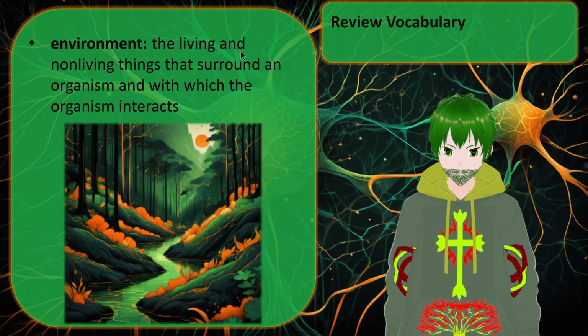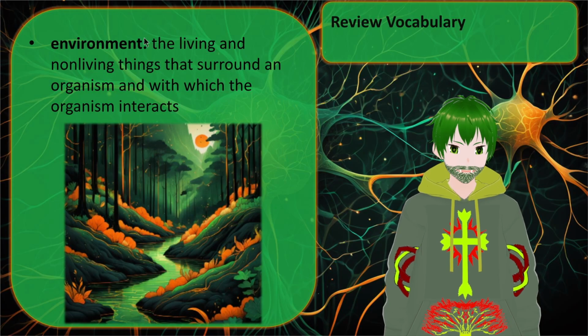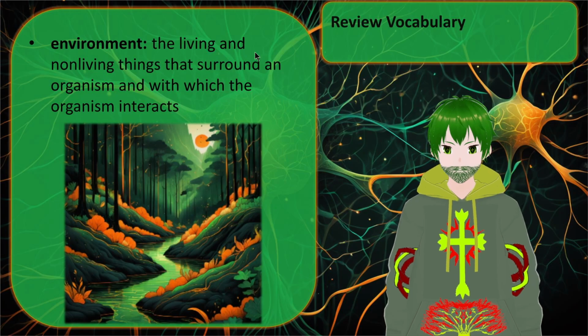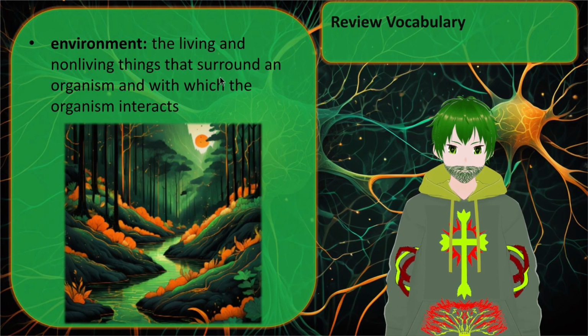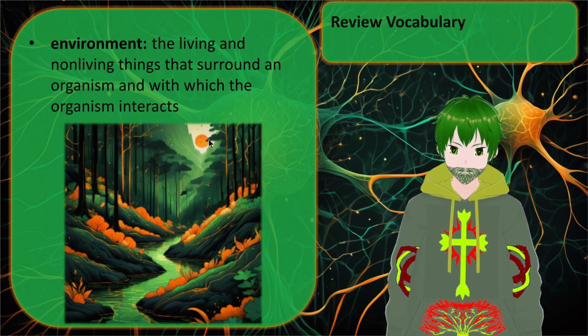Review vocabulary for today is something that hopefully you know coming into ninth grade: what an environment is. The definition, according to the textbook, is the living and non-living things that surround an organism and with which the organism interacts.